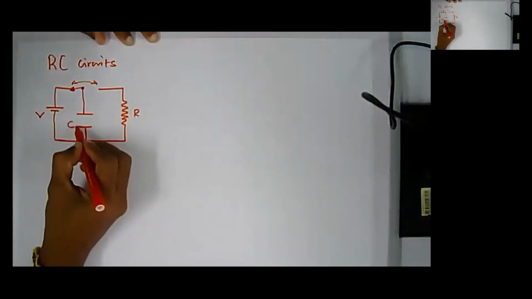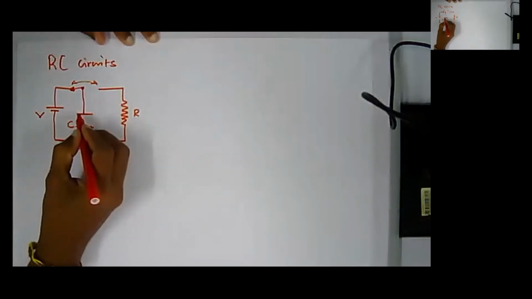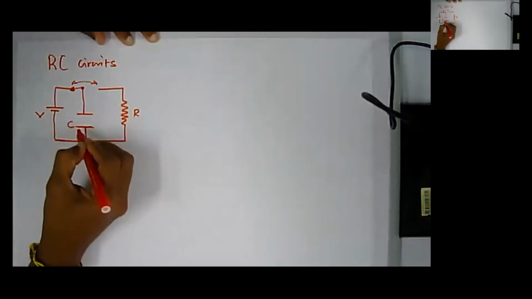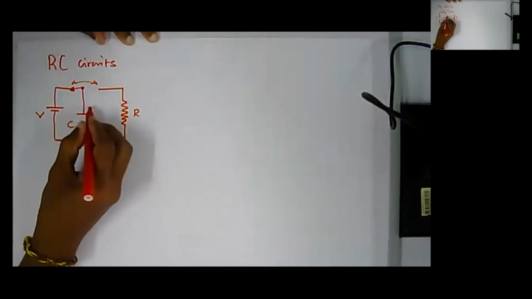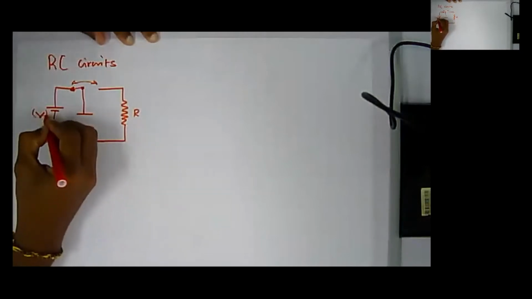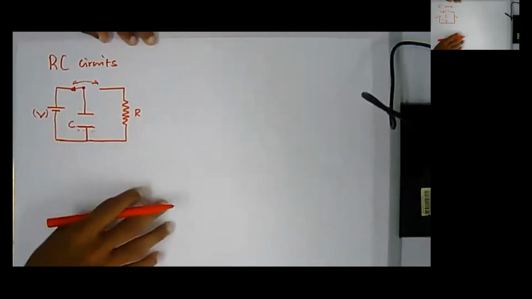As I said, with two parallel plates, this capacitor will get charged until the voltage across the capacitor becomes V. So you need to connect it for a long time to get that voltage V. Now the voltage across the capacitor is V.